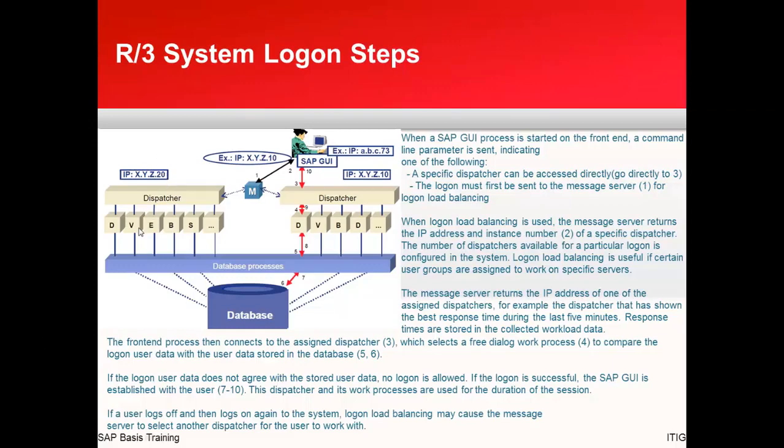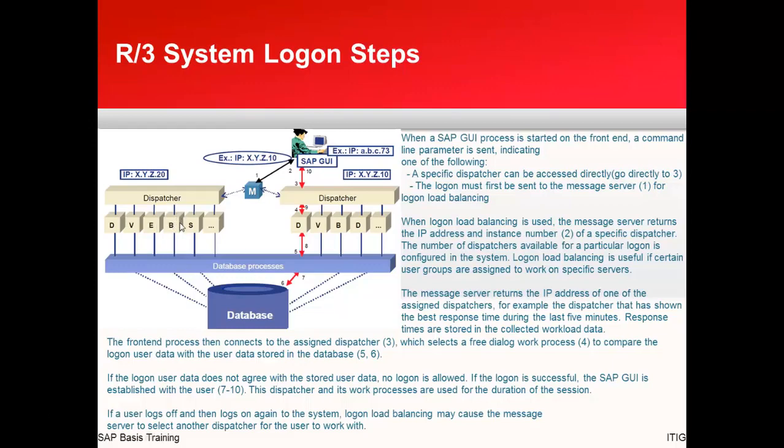For example, if a user wants to make changes in a SAP table, it will lock the entry in the table. In that case, the work process E will be activated.